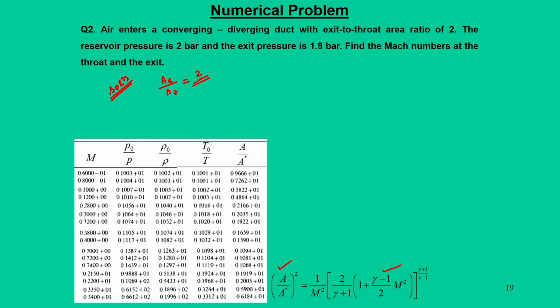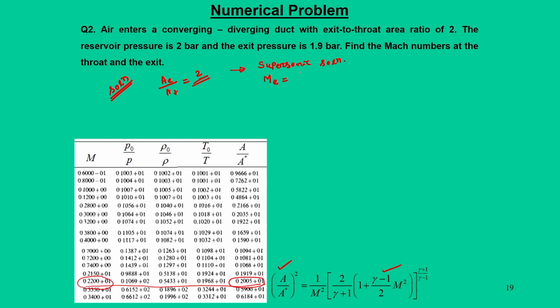So, for this 2, first let us see if we have a supersonic solution. If we have a supersonic solution, the area ratio is close to 2, so it is 2.005. For that we can say Mach number is close to 2.2.